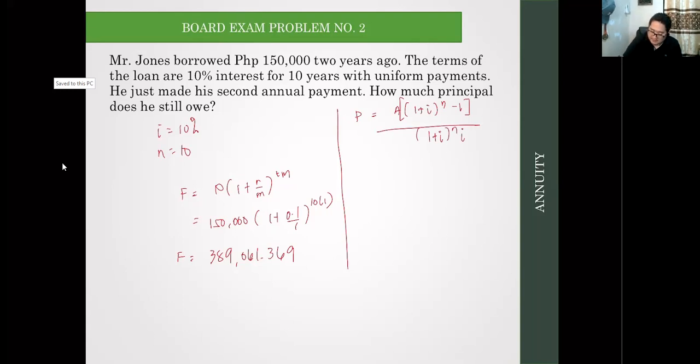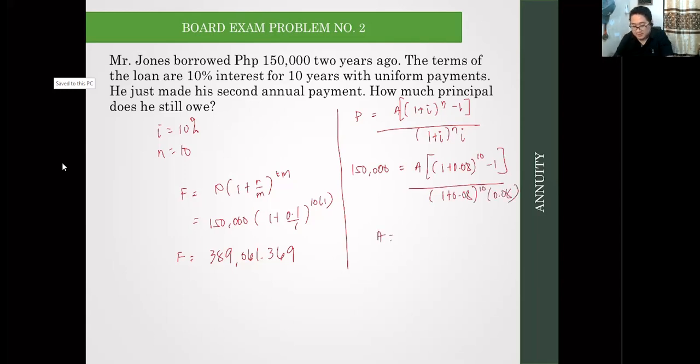So, present value natin is 150,000. A natin is unknown. Teka, saan galing si 0.08? 0.1 pala tayo.